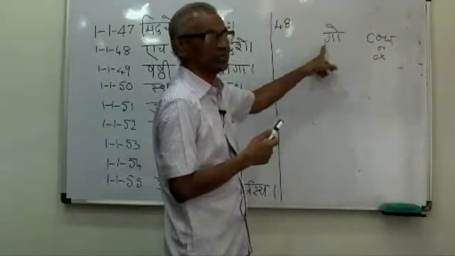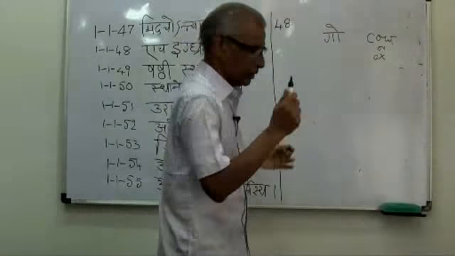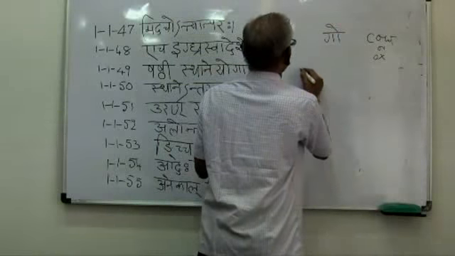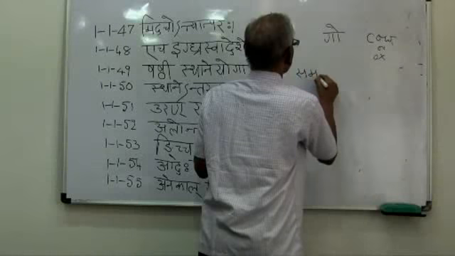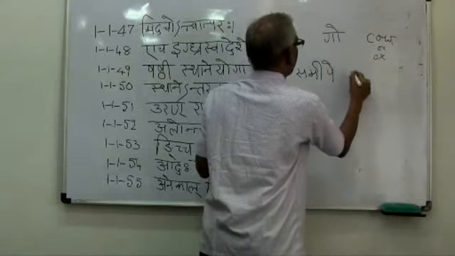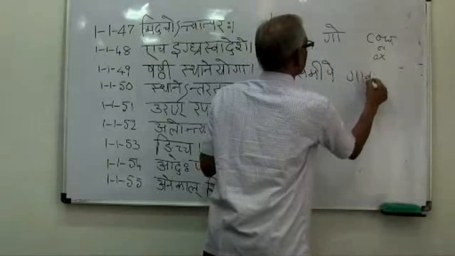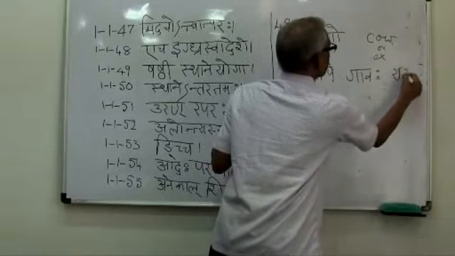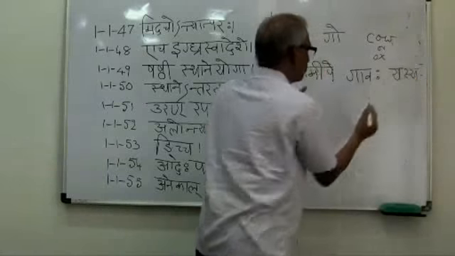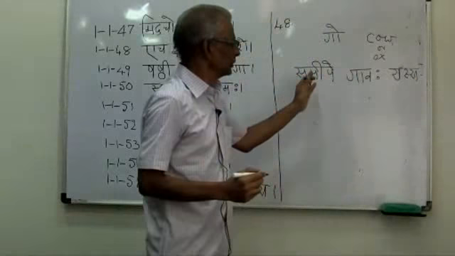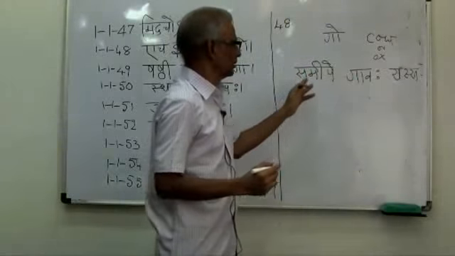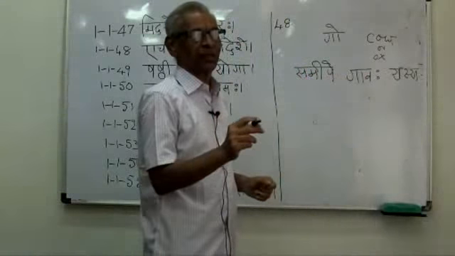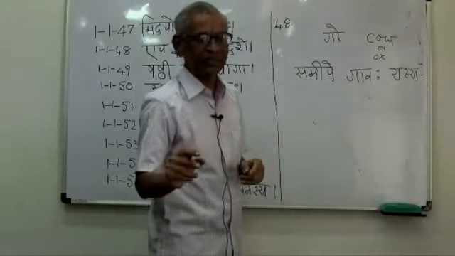With this okaranta we will prepare a samasa. Samipe gavaha yasya. To mean this sentence, we will prepare a samasa. Samipe gavaha yasya, the person who has got cows nearby.